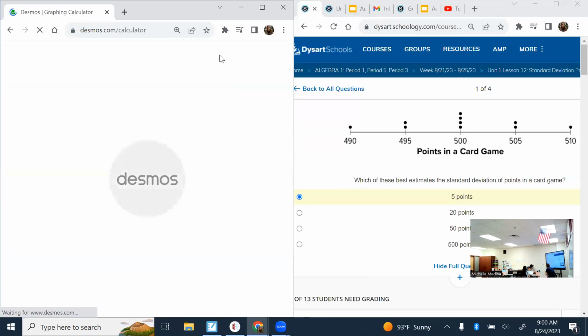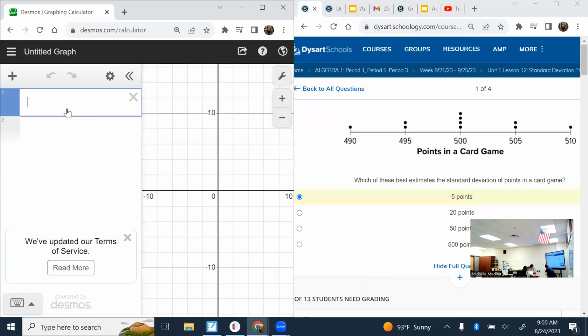All right, still pretty quick and easy to do. If you have leftover time on a test is when I would suggest this, but you can put your data points in and then actually calculate your standard deviation. So I have 1 490, 2 495s, 4 500s, 2 505s actually, and 1 510.